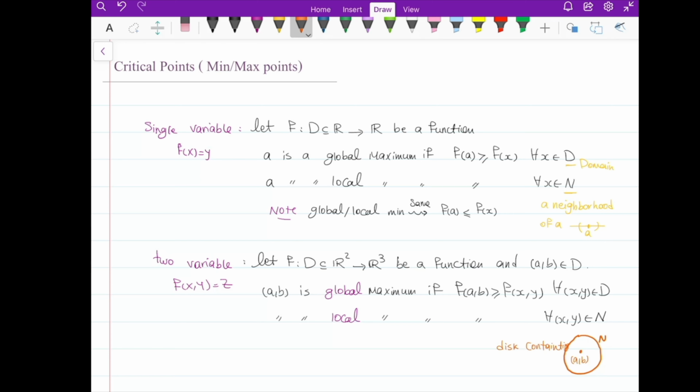Yeah, so it would be just one neighborhood at the point (a, b). Okay. So that's the definition of global or local maximum or minimum for a function of two variables. And as you see, the definitions are kind of similar.